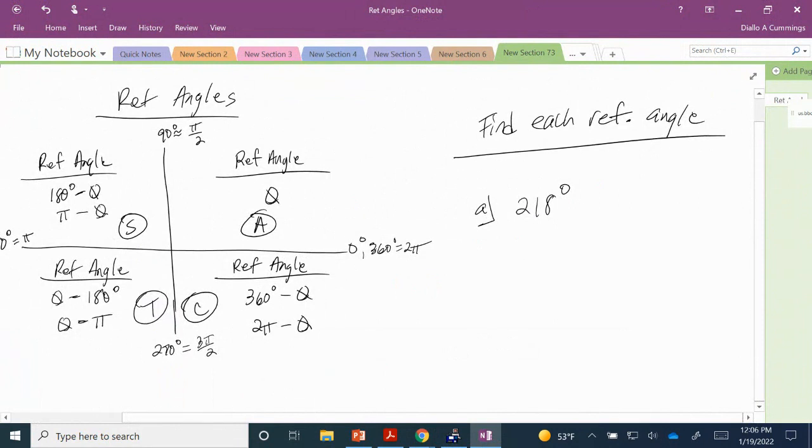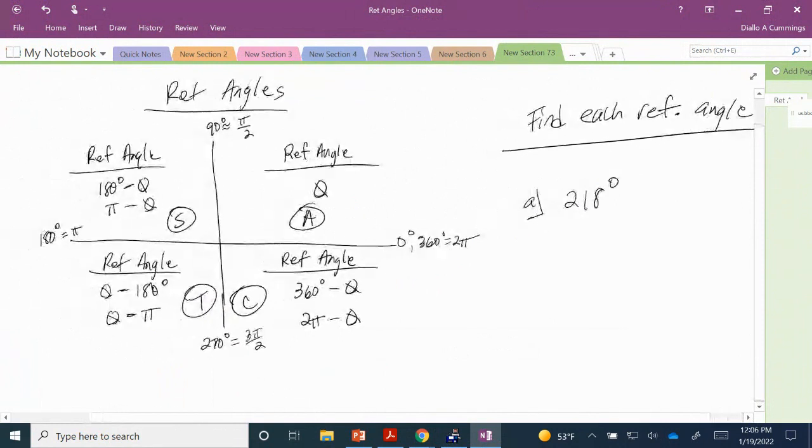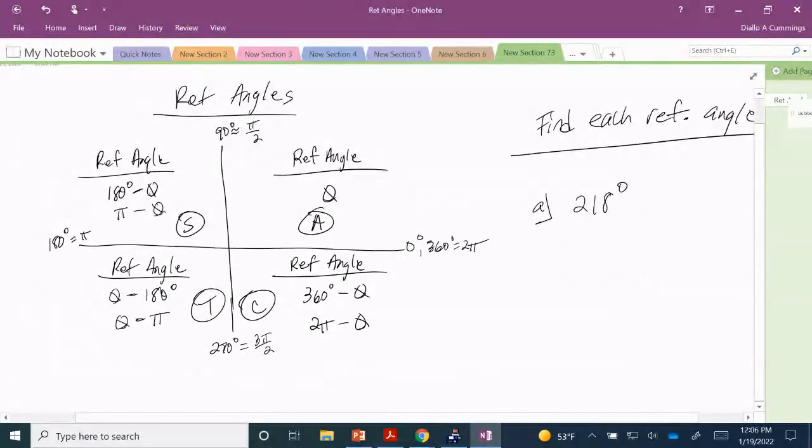So the first thing to do in order to find a reference angle for 218 degrees, we first want to locate which quadrant a 218 degree angle would lie in. So looking at our reference angle chart, a 218 degree angle would lie in the third quadrant, right? Because in the third quadrant we have degree measures from 180 to 270. So I'm simply going to use the reference angle formula for the third quadrant.